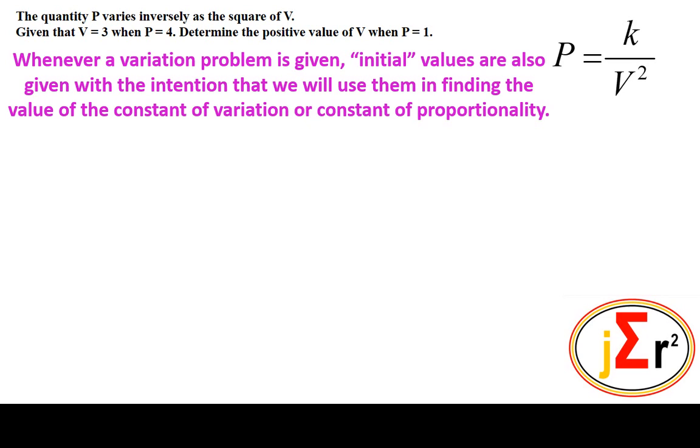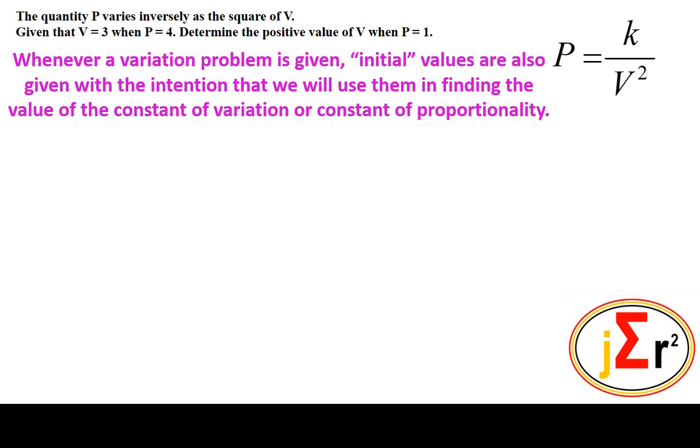That is not difficult because every other unknown is taken care of right here. So when we substitute V is equal to 3 and P is equal to 4, the only unknown will be K. The variation problem is designed for us to acquire the value of K in the beginning, because that is going to be used throughout the entire process.